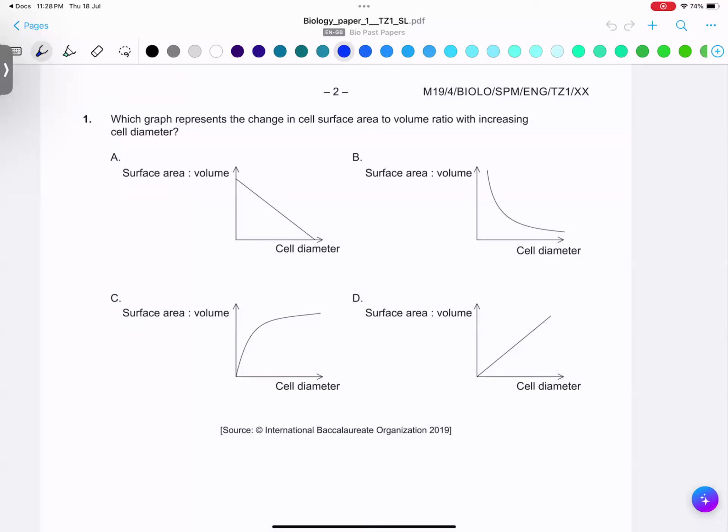Surface area to volume ratio, be careful, this is the surface area to volume ratio, right? As the cell diameter increases, the surface area to volume ratio decreases.